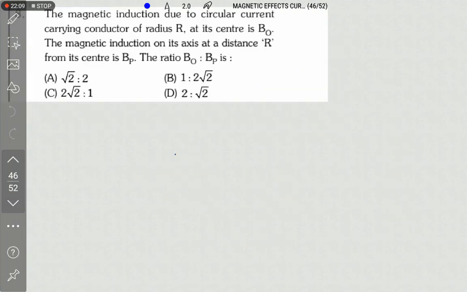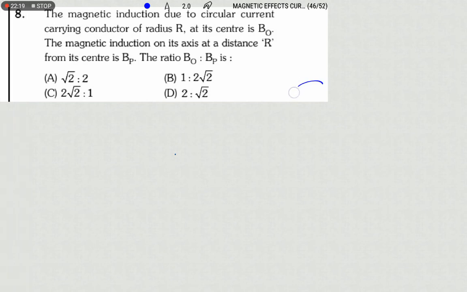Next: the magnetic induction due to a circular current carrying conductor of radius R at its center is B naught. So the magnetic field due to a current carrying circular coil at its center is given as B naught. We know its value is mu naught I by 2R.